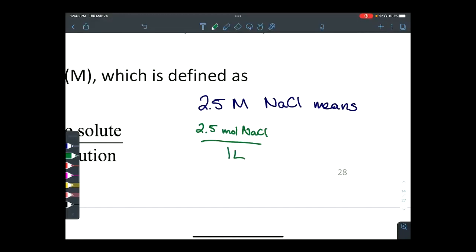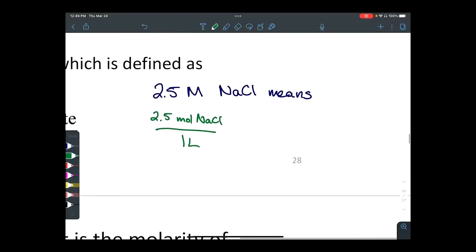When I see a big M concentration, I always like to rewrite it so I actually know what it means. From the unit, we can write an equality, if we want to do dimensional analysis, which we will do in a couple of slides. We can write the equality: 2.5 moles of sodium chloride equals 1 liter of solution.